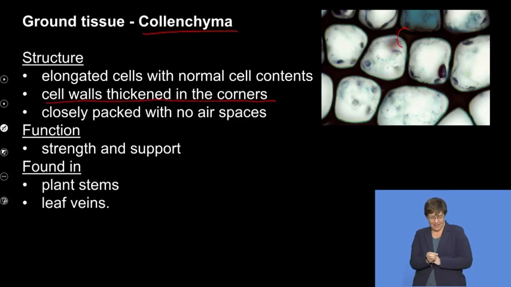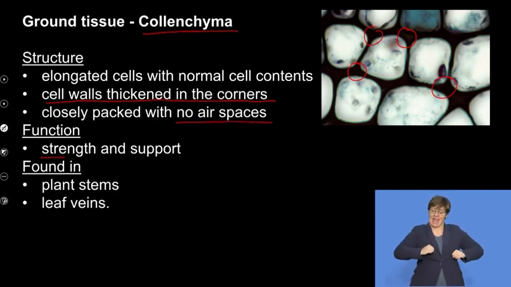If we have a look there, we can see the corners, and that is where the cell walls are extra thick. They also don't have any air spaces. And because they've got thick walls, their function is for support.